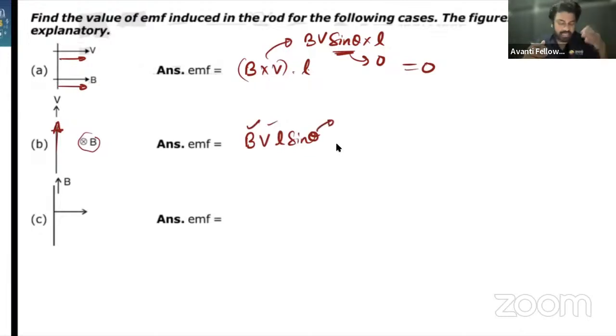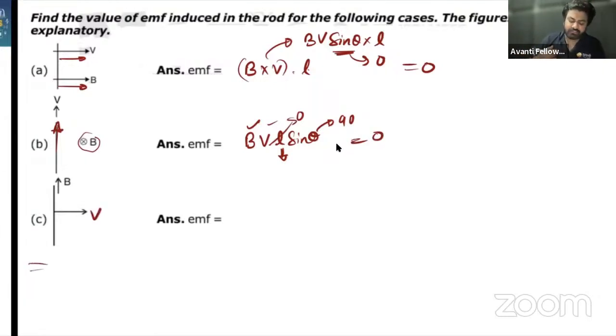Theta is the angle between V and B, that is 90. But length, how much is the length of this rod? Length in the sense that in which direction it is moving. So if the rod is moving like this, length is L. If it is moving like this, this is the length. It is almost 0. So here length is almost 0. That means 0 EMF.